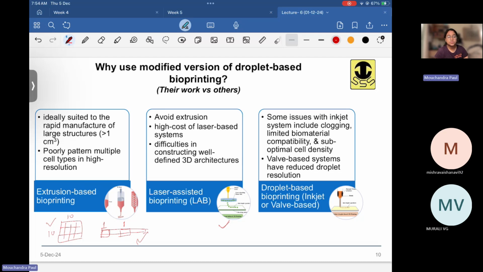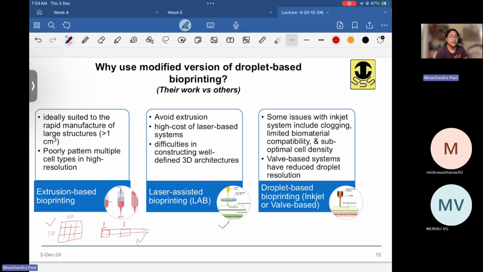Okay, that's a good question. In order to overcome the issue of shear stress, you have to play around with the parameters of the technique itself. The technique comes with a lot of parameters, like I mentioned previously. You have to worry about the bioink properties, the biomaterial properties, in fact the rheological properties: its viscosity, its shear thinning capability, its strength, physical stiffness, and all.